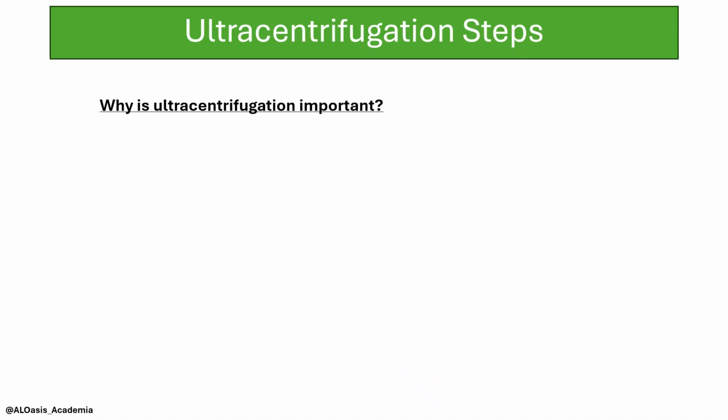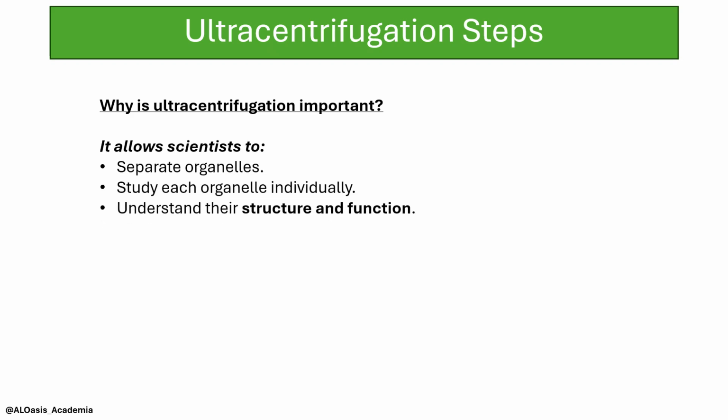Okay, so now this takes us to a recap slide to remember why ultracentrifugation is important. First of all, it allows scientists to separate organelles, study each organelle individually, and understand their structure and function. And that's very important, because if scientists wanted to study any disease that is related to a specific malfunction of an organelle, then they would need to separate the organelle and do some research on it.